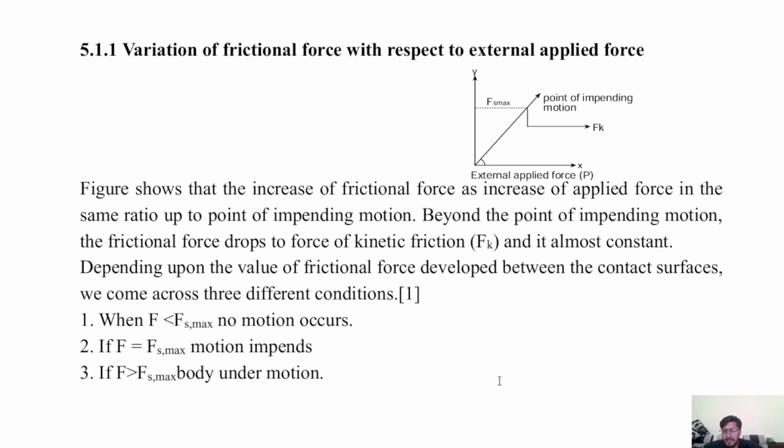In the second case, if the applied force is equal to the maximum static friction, motion is impending, means the body just starts to move. And in case 3, if the applied force F is greater than the maximum static force Fs max, the body is in motion, the body moves with kinetic friction Fk.